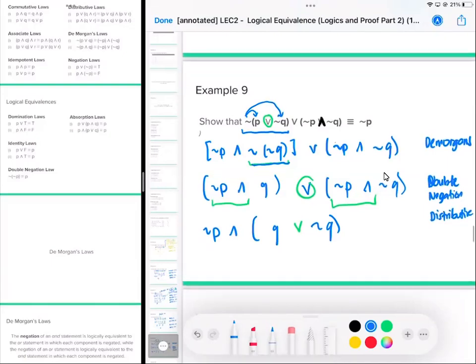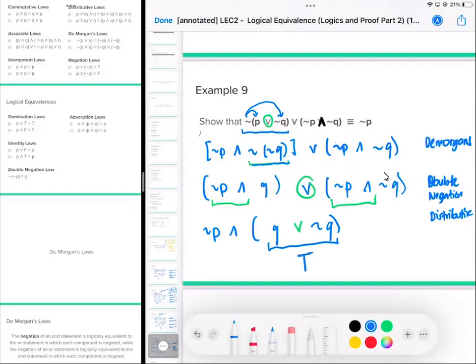And now let us evaluate Q or not Q. Taking the disjunction of a certain statement with its negation will give you a true.